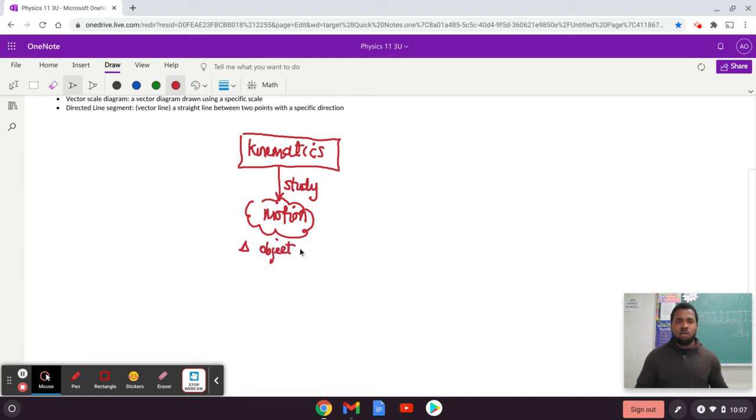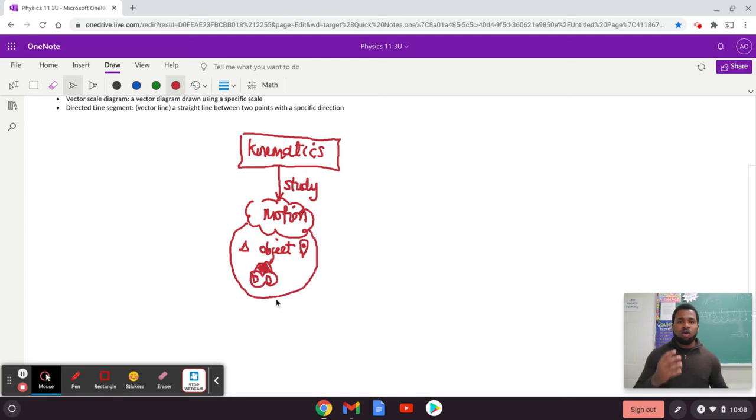Once we have the change in the object's location, this has to be based on a measurement taken from an observer, and once this measurement is taken from an observer, we are able to define the motion of a specific object.